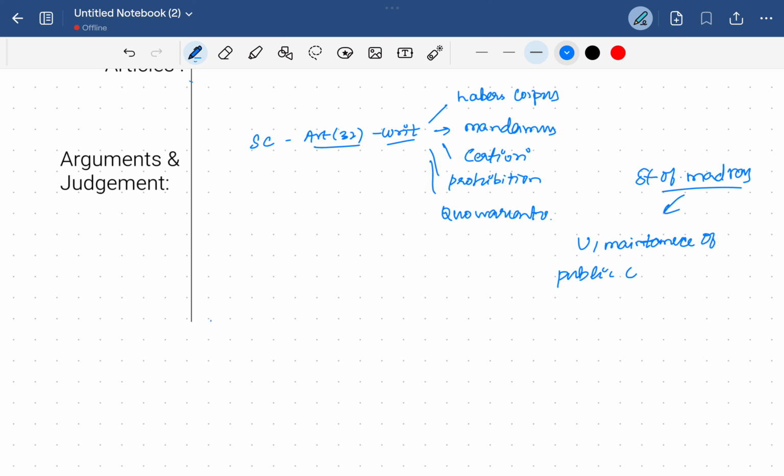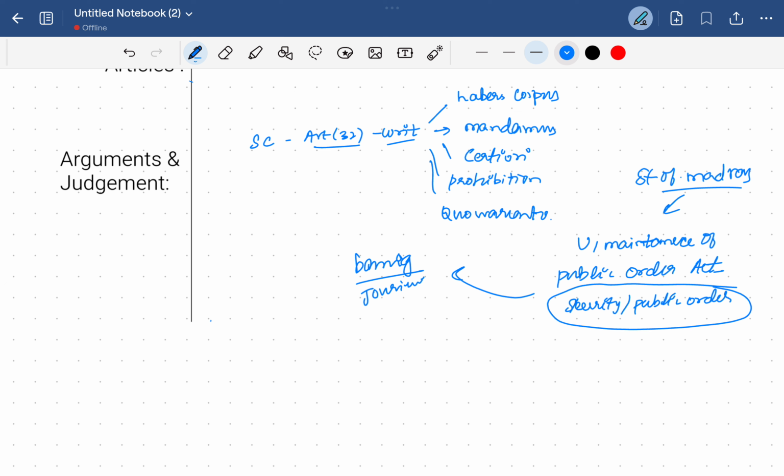The State of Madras argued, under the Maintenance of Public Order Act, for the security or maintaining the public order, we are banning this organization or this press, this journal. These are the reasonable restrictions which are mentioned in Article 19 clause 2.